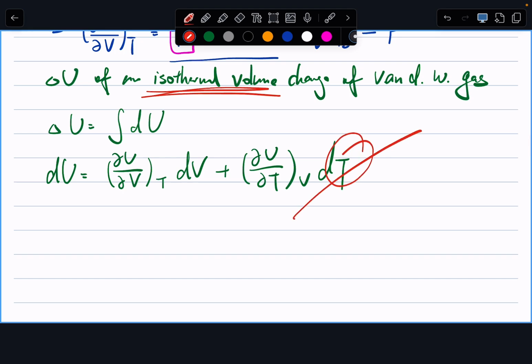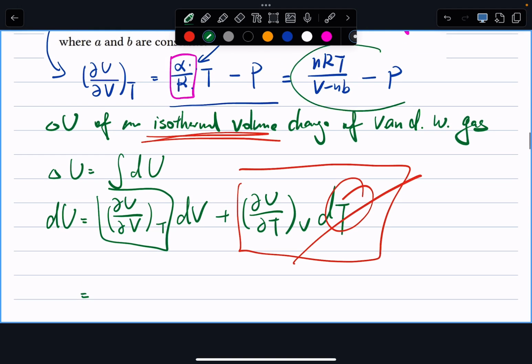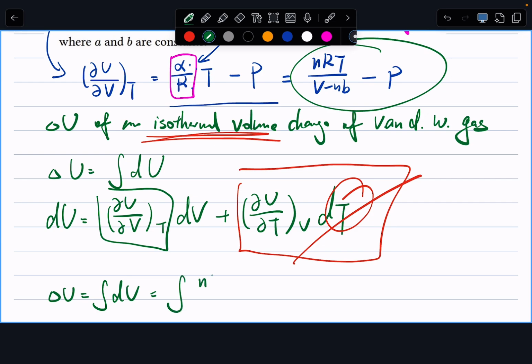So this term goes to 0, and consequently, we don't care about the internal energy's temperature dependence. So my dU effectively becomes this term, which is something we already solved. So we can write delta U equals the integration of dU equals this entire thing, nRT over V minus nb, minus P, dV. One more step here.